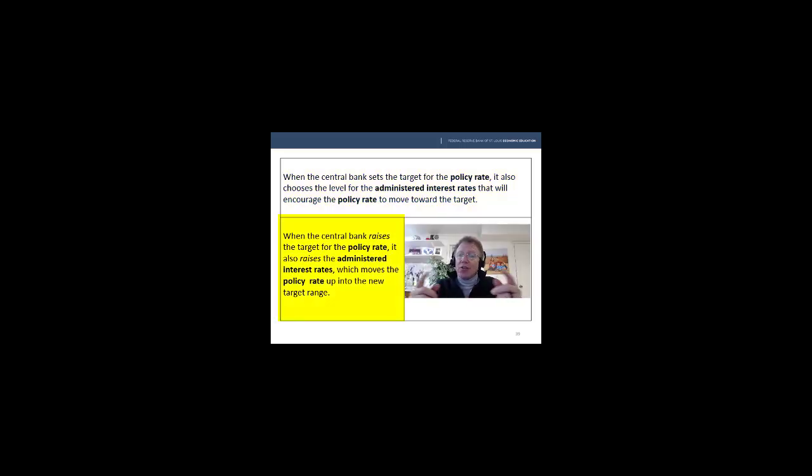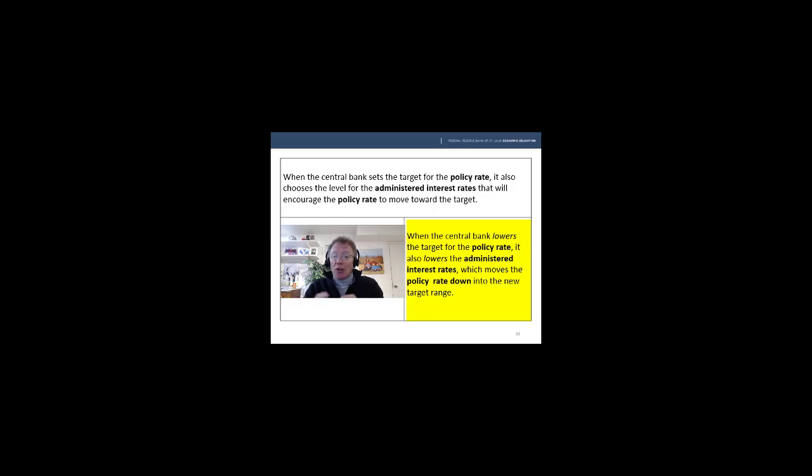When policymakers raise the target range for the policy rate, the central bank raises the interest on reserves rate, and that moves the policy rate up into the new target range. When policymakers lower the target range for the policy rate, the central bank lowers the interest on reserves rate, which moves the policy rate down into the new target range.